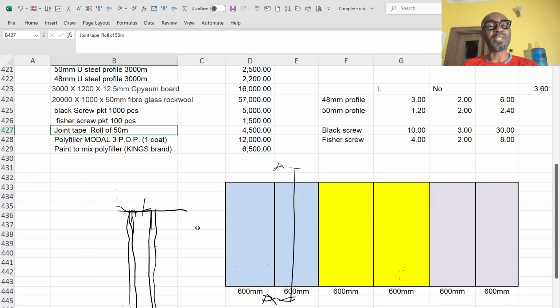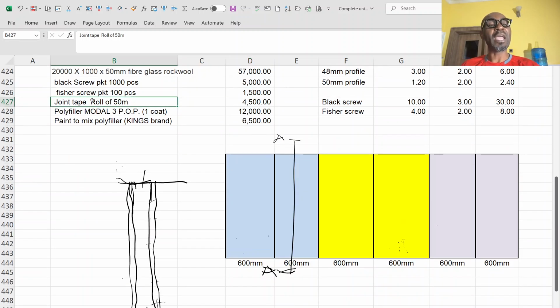While the joint tip. Okay, let me now explain the joint tip. Between this board and this board, there's going to be a joint here. And if the joint is not treated, you're going to have cracks after painting. So the joint tip is like a mesh, a plastic mesh.